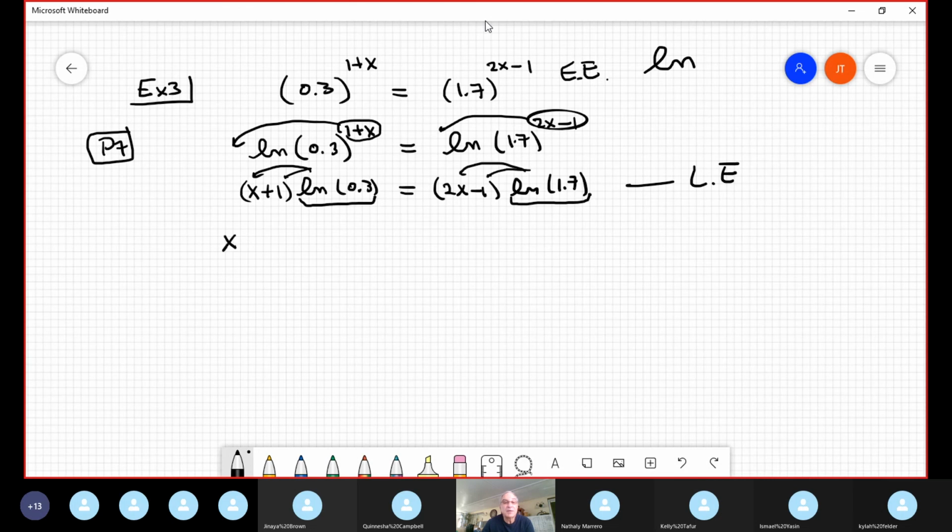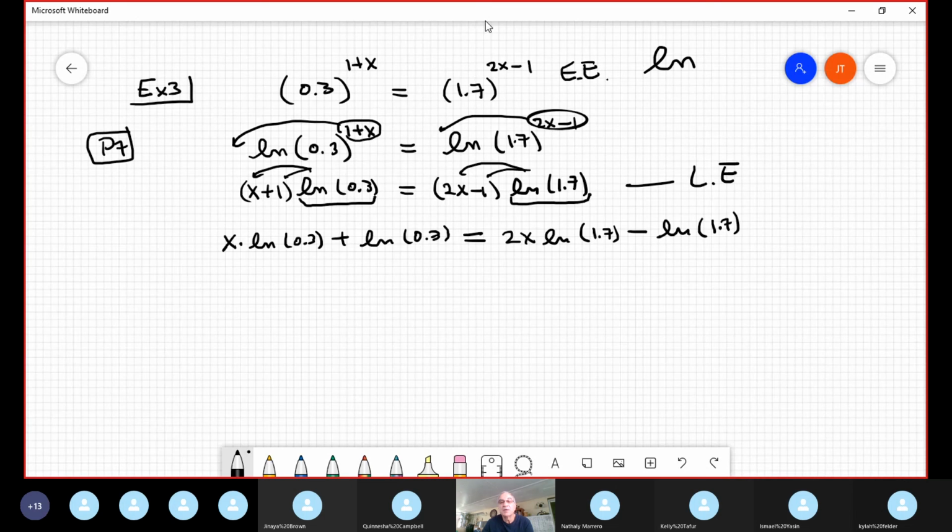So we have x times ln 0.3 plus ln 0.3 times 1, where 1 is an invisible multiplier, equals 2x times ln 1.7 minus ln 1.7. Again, -1 is an invisible multiplier.